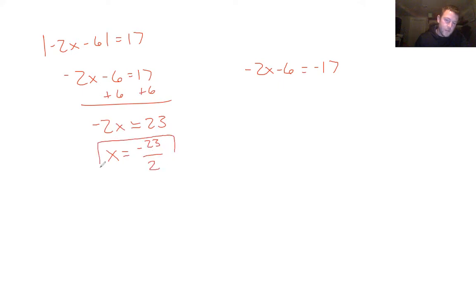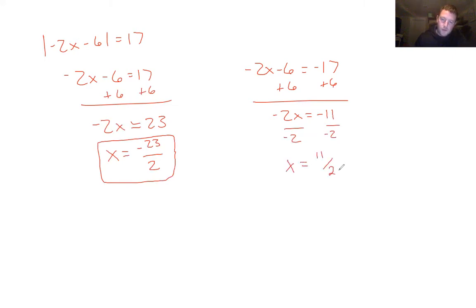That's one answer. The other one, you work it out the exact same way. -2x is equal to -11. Divide by -2. x would equal 11 over 2. So there's two answers: -23 over 2 and 11 over 2.